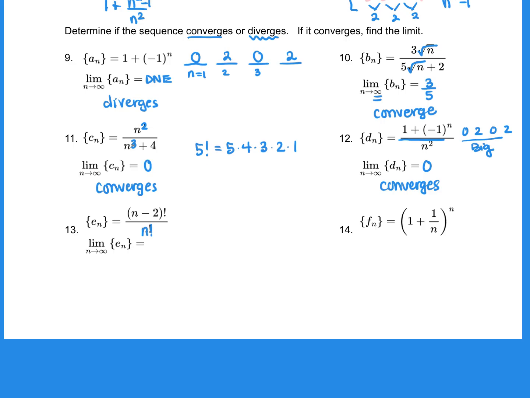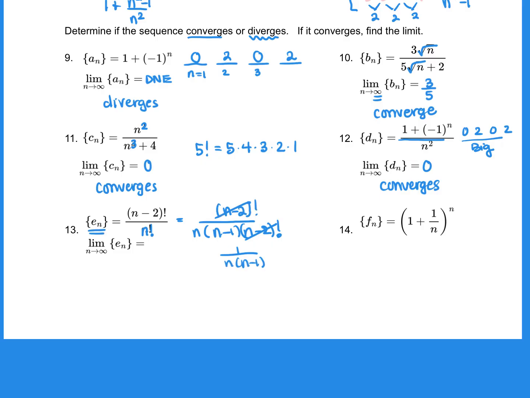So I know n factorial is bigger than n minus 2 factorial because our n's are always positive. So that means I'm going to take the bottom one and I'm going to decrease it. So n factorial is the same thing as n times n minus 1 times n minus 2 factorial. That's where you stop. I know to stop there because that's what's on top. So these guys cancel.